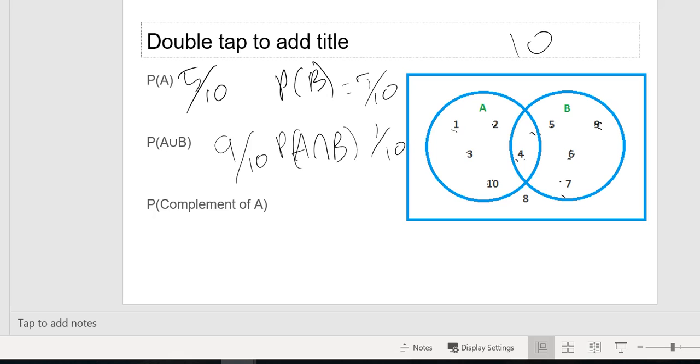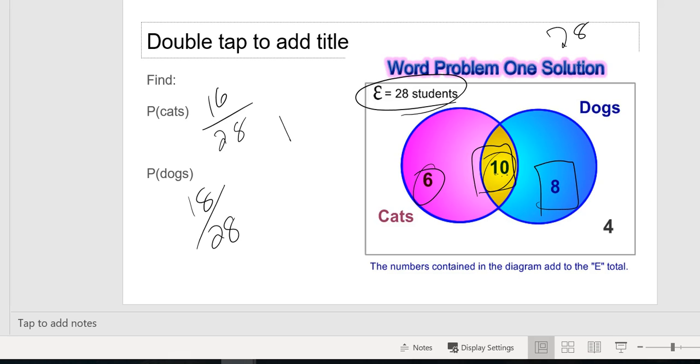Complement, and this is how you do complement. You shade in A, and you count how many people are outside of that circle: 1, 2, 3, 4, 5. If I want to know the probability of cats complement, if I highlight cats, how many are outside of that circle? There's 8 here and 4 here, so that's 12.